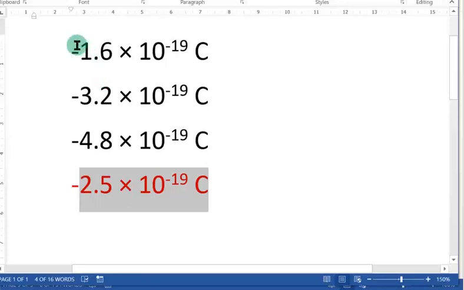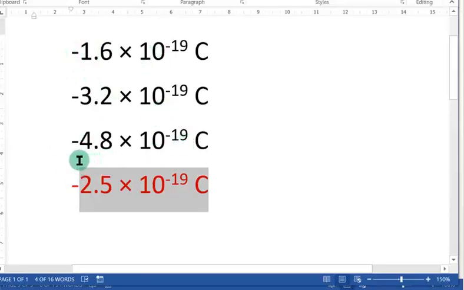That means they jump in steps from 1.6 times 10 to the negative 19 coulombs. The next charge you can have will be twice this one, which will give us 3.2. We can't have any value in between. Likewise, we can't have any value in between here. It is either this, or that. If we have 3, you can find it yourself.